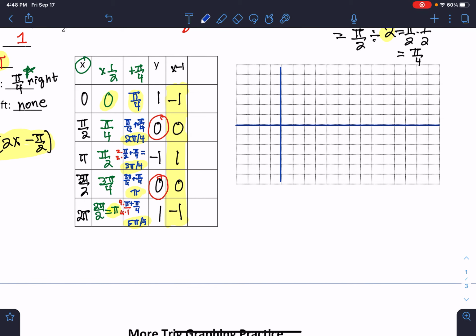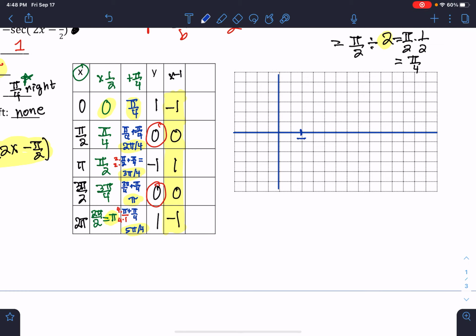Since I'm counting by pi over 4s, I might just make this pi over 2, make this pi, make this 3 pi over 2, and make this 2 pi, knowing that all my inside ones are pi over 4, 3 pi over 4, 5 pi over 4, 7 pi over 4. So we're really counting by 45s, but I just wrote down my blue ones first.